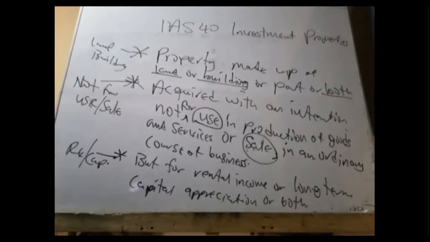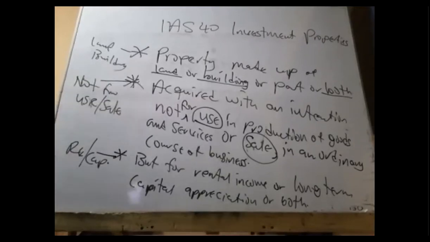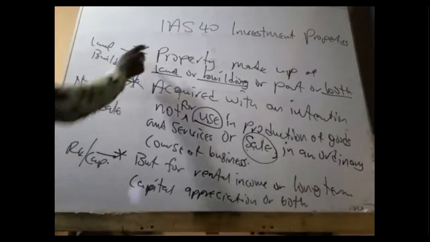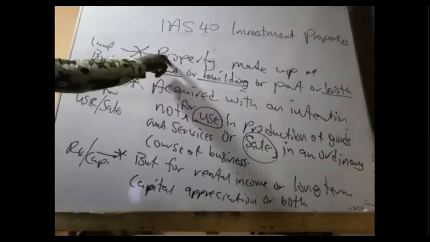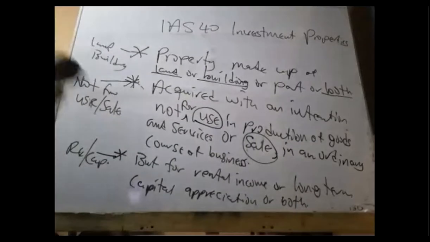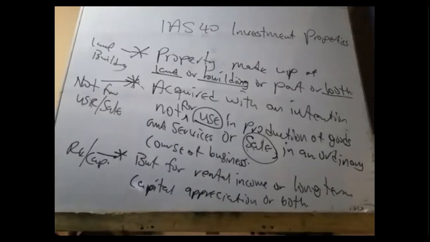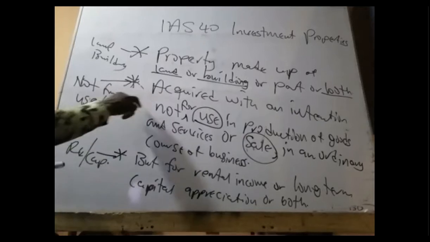So if you summarize this, when I ask you to define investment property, this is the word they want. So combine these three pieces together. You start from property and end at both. If you're looking for a standard that has the highest number of 'or' in a definition, it is the definition for investment property.